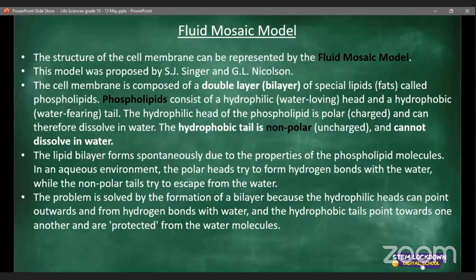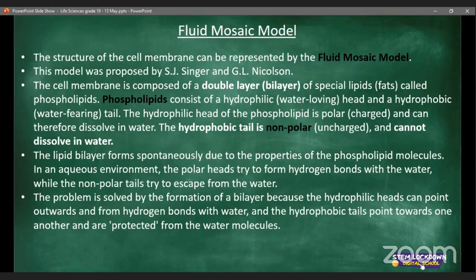So the lipid bilayer forms spontaneously due to the properties of the phospholipid molecules. In an aqueous environment, the polar heads try to form hydrogen bonds with the water.